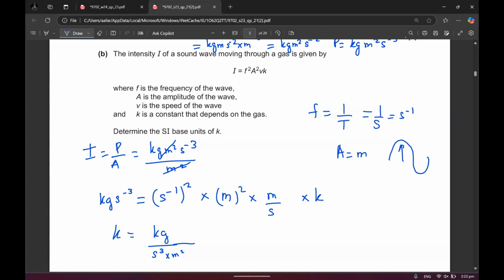So this will multiply on that side second, and that meter will also divide over this side. And frequency squared we can write as per second square, so 1 over second square. So this multiplies over here. This cancels out. This will add to become second cube. This cancels out as well. So what we're left with is kg per meter cube.